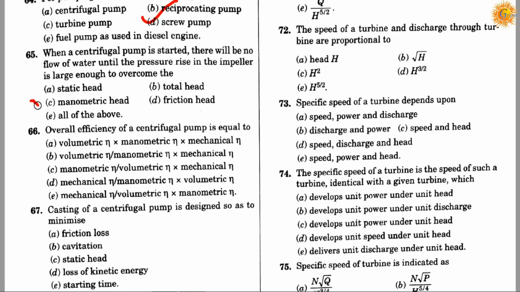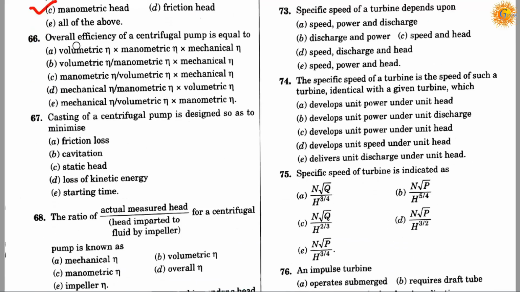Correct answer is C, it will be manometric head. It means when a centrifugal pump is started, there will be no flow of the water until the pressure rise in the impeller is large enough to overcome the manometric head.